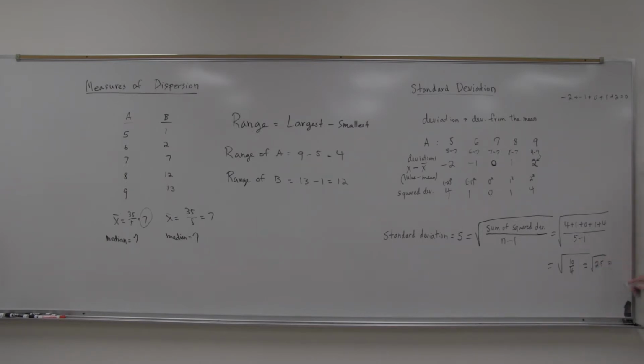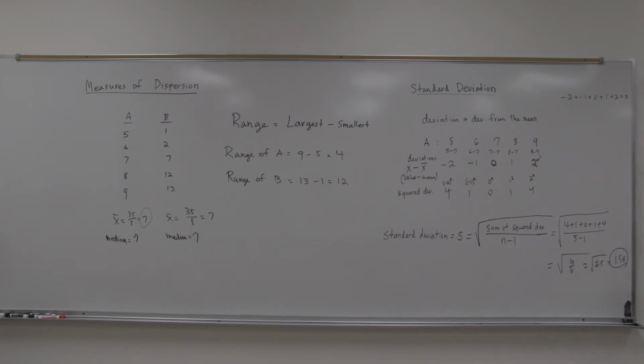But then I square root that, and that gives me 1.58. And so the standard deviation of A is going to be 1.58.